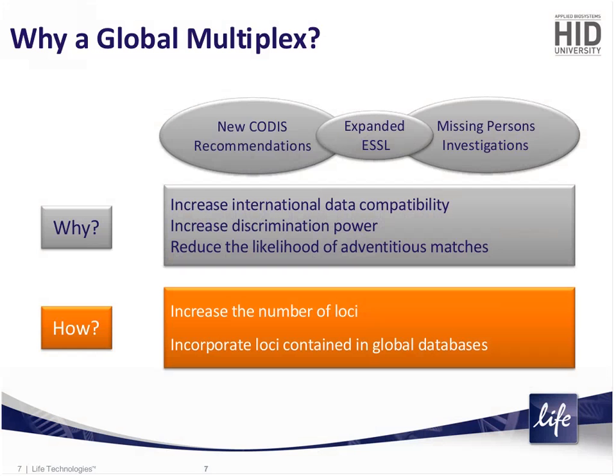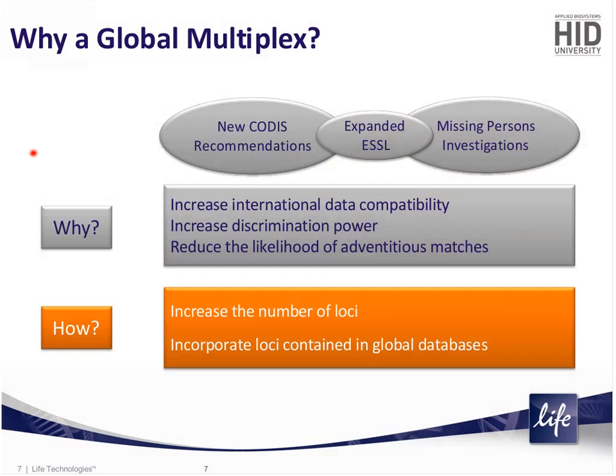The European standard set of loci was expanded in 2009, and there are an increasing number of laboratories looking at missing persons investigations, and for that they require more loci to help resolve difficult types of cases, particularly involving related individuals. So it's very clear why we need to develop such a multiplex.